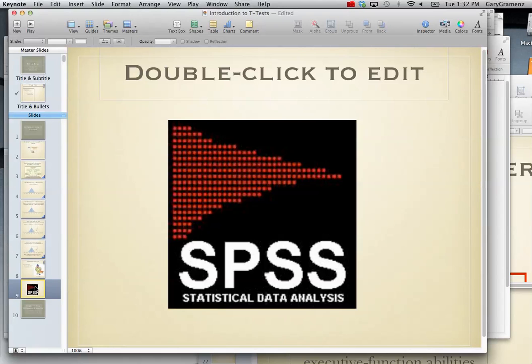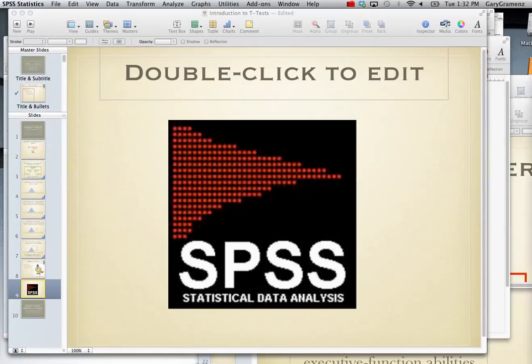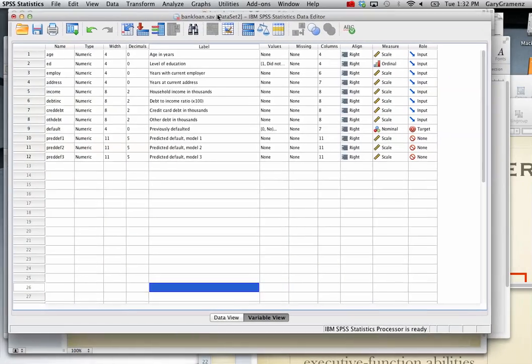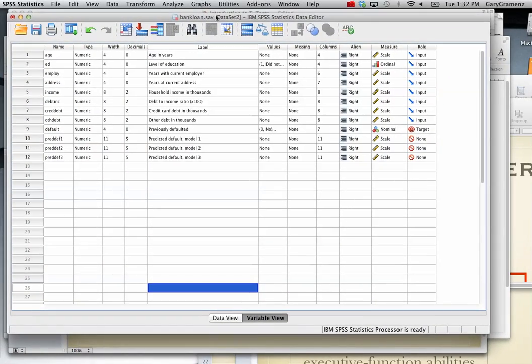So if you'd go ahead and open that now, and we want you to open the file that says bankloan.sav. You can pause this recording now and open it and get to the variable view, which is this view right here. So pause now and get that open and come back, and we'll show you how to run a t-test.